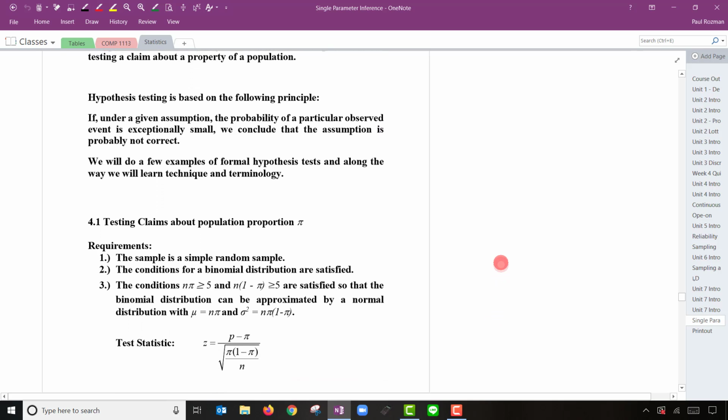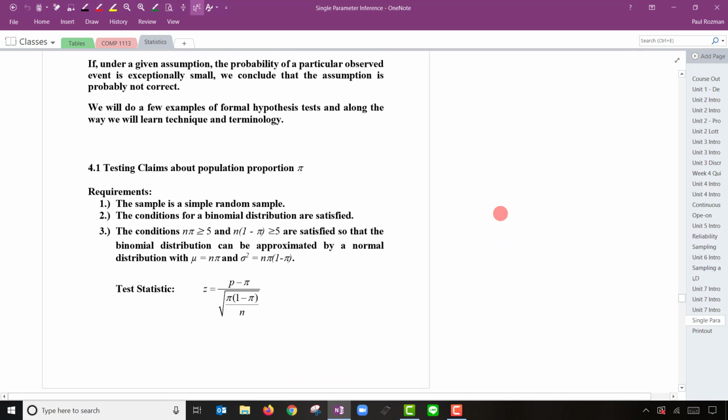I thought we'd start out with claims about population proportions. So we'll talk about a parameter pi, and we'll be interested in gathering some sample data to see if our sample result agrees or disagrees with what someone is claiming pi to be. In order to do these tests, it's like confidence intervals. You have to make sure that you're meeting the requirements of the models in order to be able to perform the tests.